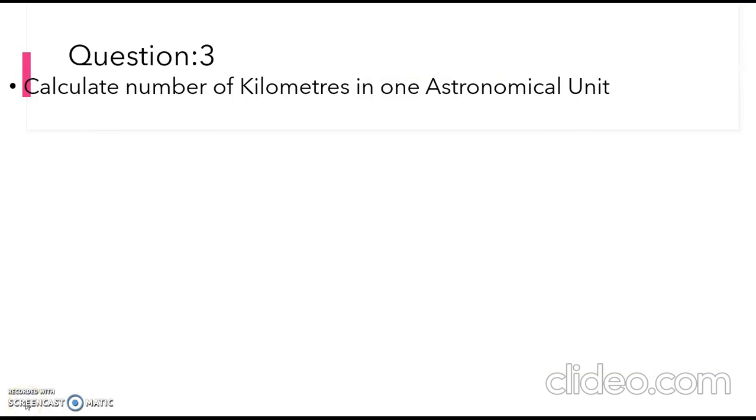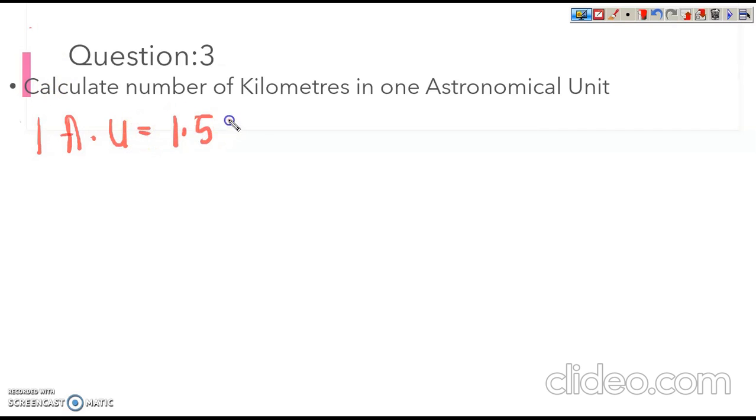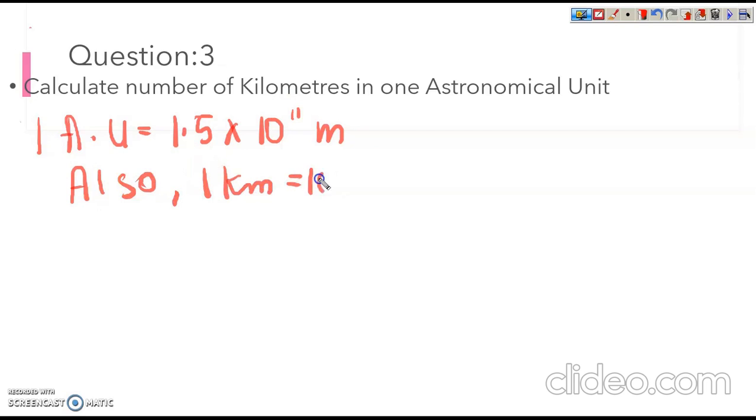The next question is calculate the number of kilometers in one astronomical unit. Let's do this. We know that 1 AU, meaning astronomical unit, is 1.5 into 10 to the power 11 meter, and also we know that 1 kilometer is 10 to the power 3 meter.